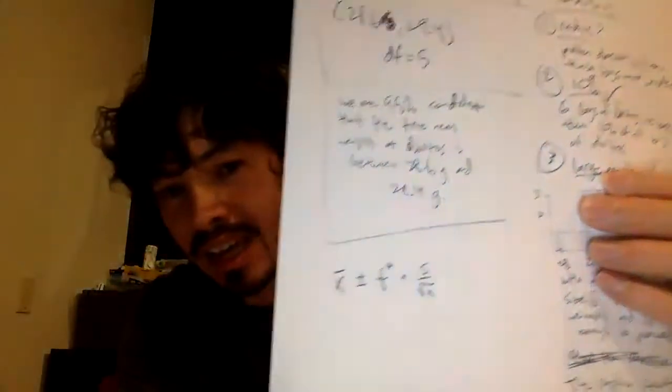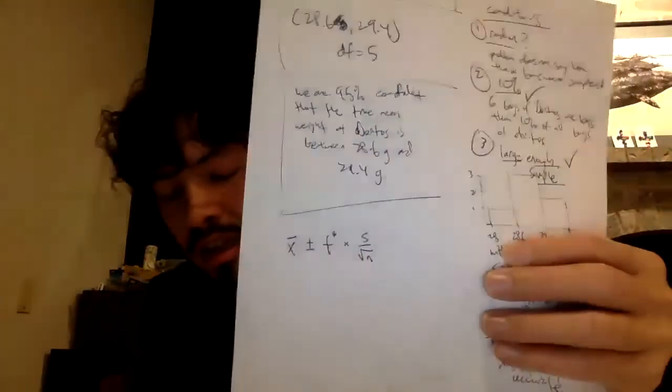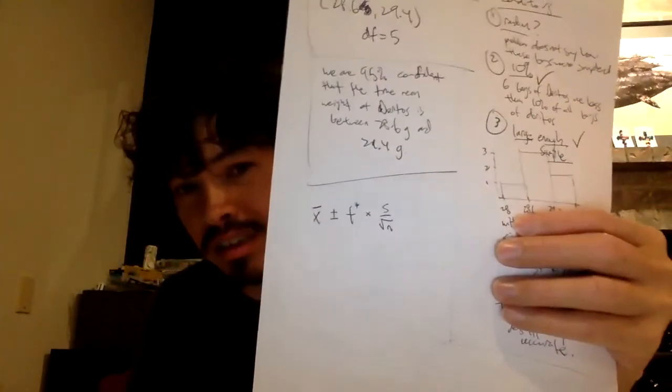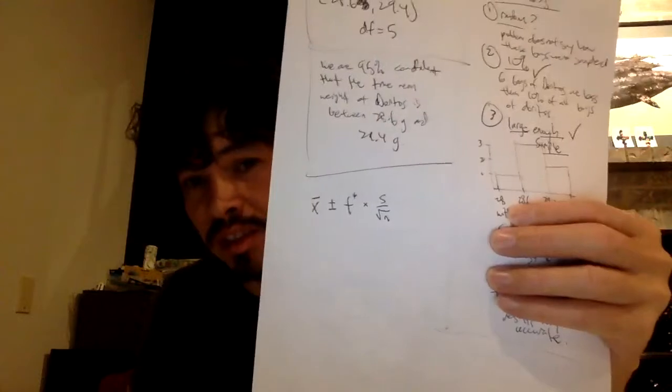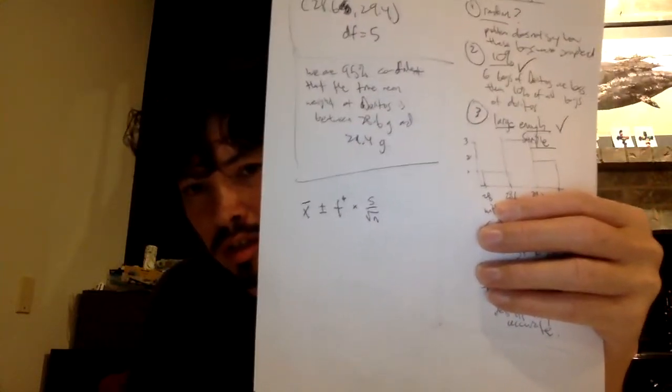So what is that s over square root n? It's actually the standard error, because it's an estimation of the standard deviation of the sampling distribution, okay?